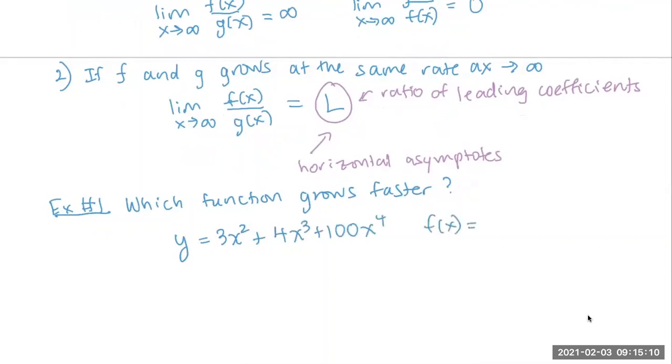Okay, so one of them I should have called g of x, but oh well. I have y equal to 3x squared plus 4x cubed plus 100x to the fourth. And then f of x is 1/2 x to the fourth minus 2x squared plus 4x. Okay, can I have you guys go ahead and set up your limits and make a determination? Which one grows faster, or do they grow at the same rate?